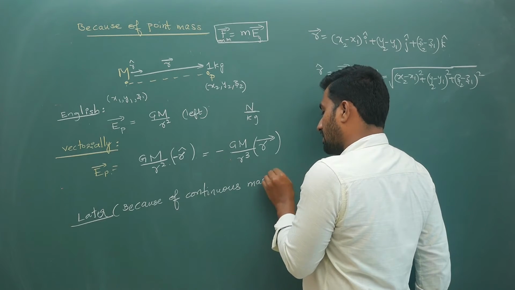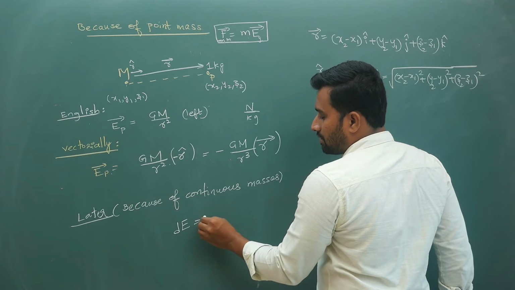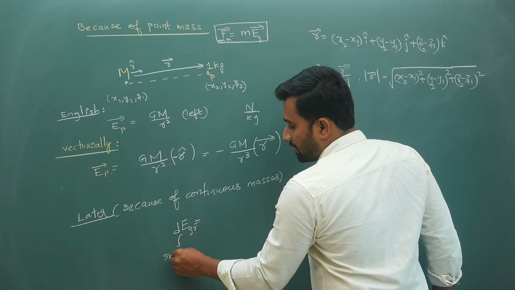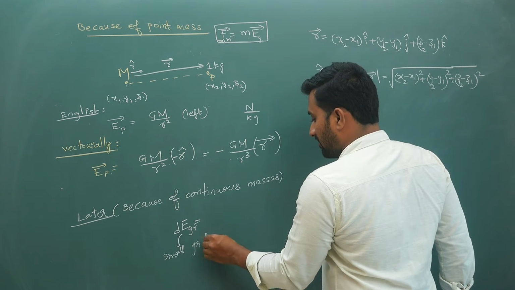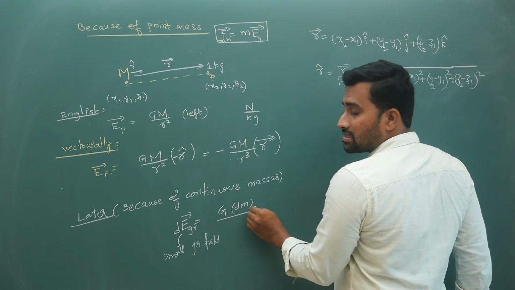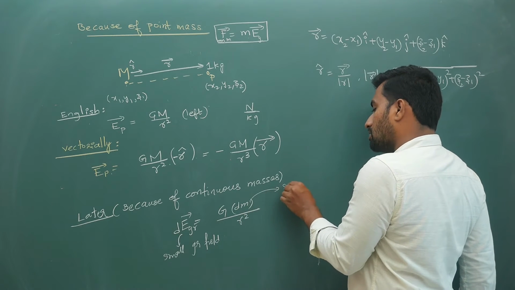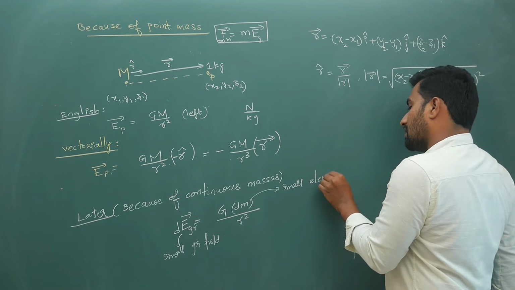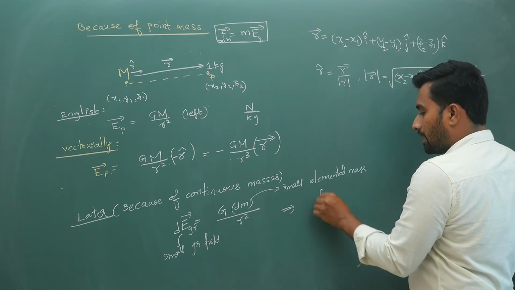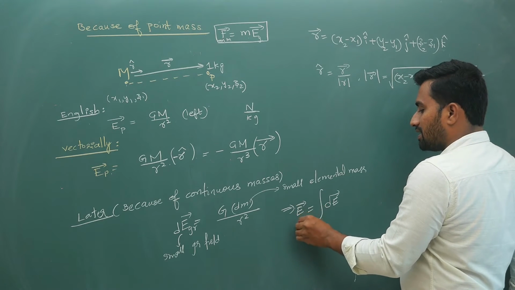Because of continuous masses, your small gravitational field dE bar is G times small mass dm by r square, where dm is your small elemental mass. To get the total field, you will write the integral of dE bar, which will give you the total resultant gravitational field.